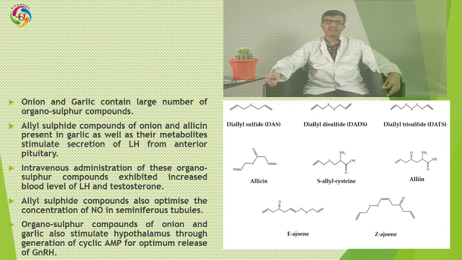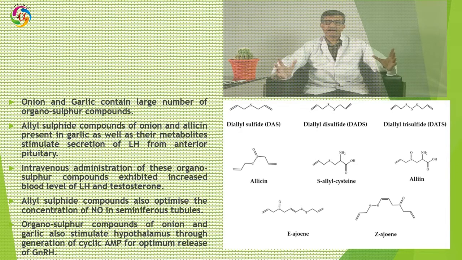Now, cyclic AMP is a very important second messenger. It stimulates the hypothalamus to secrete more and more GnRH, and as we have already mentioned, more and more GnRH will stimulate the anterior pituitary to secrete more and more LH and FSH.